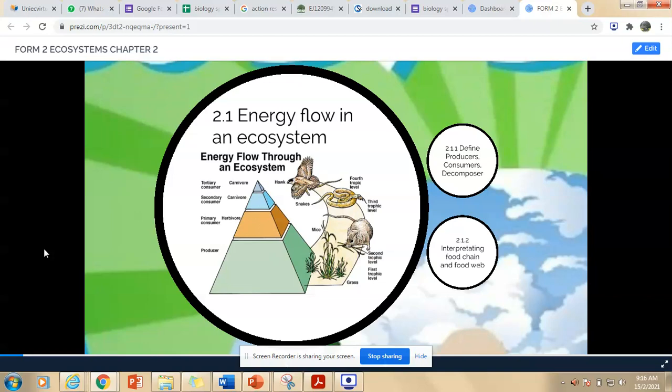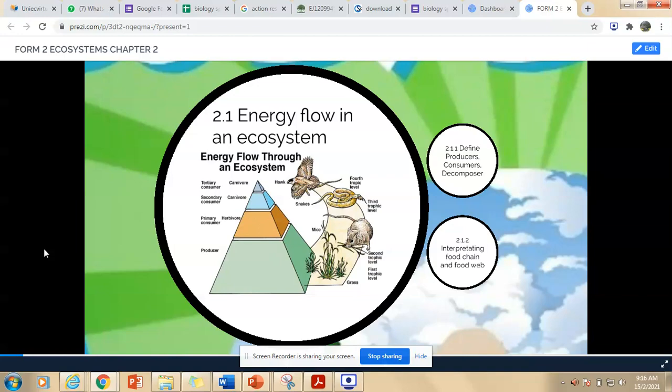However, in this chapter 2, we will mainly focus on the biotic component.